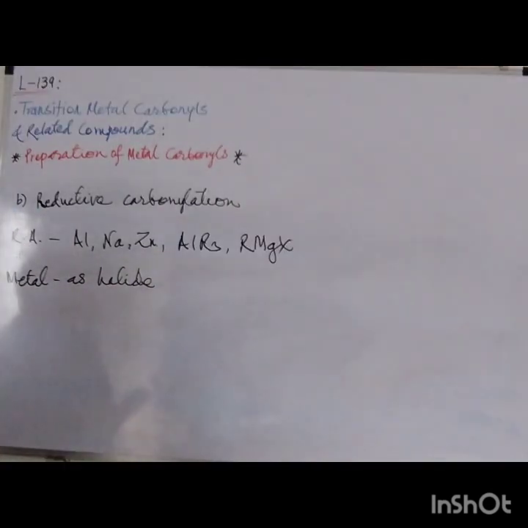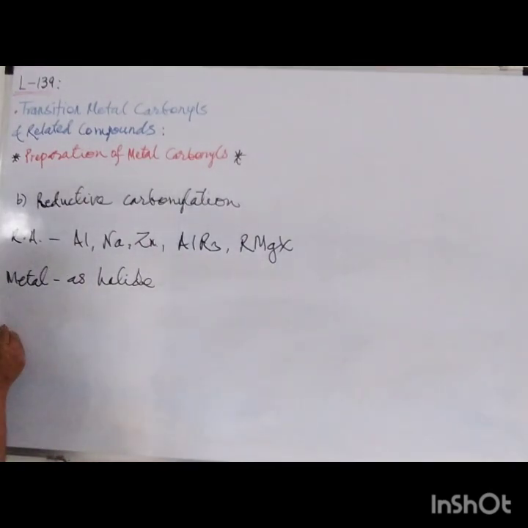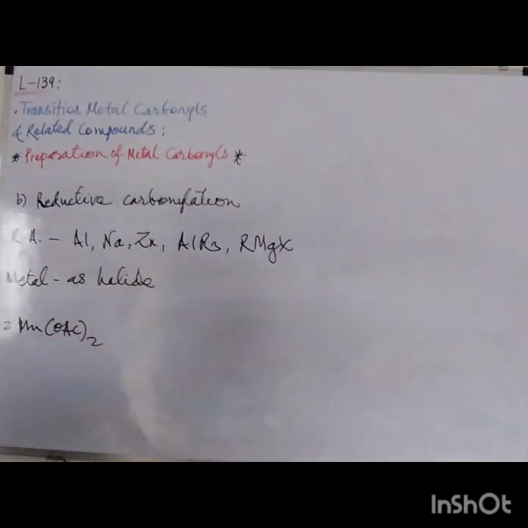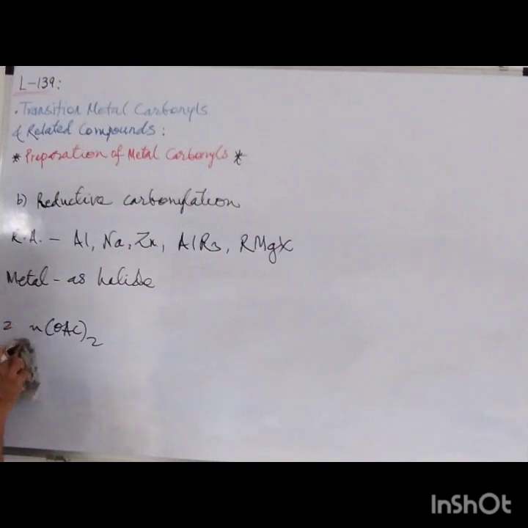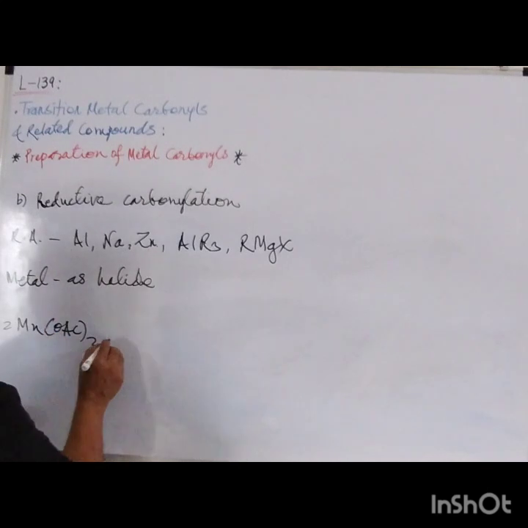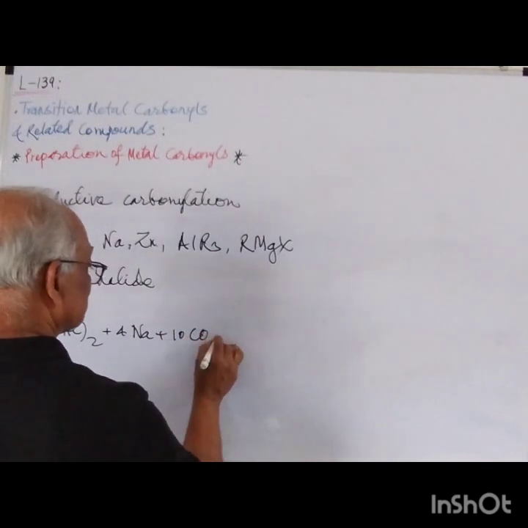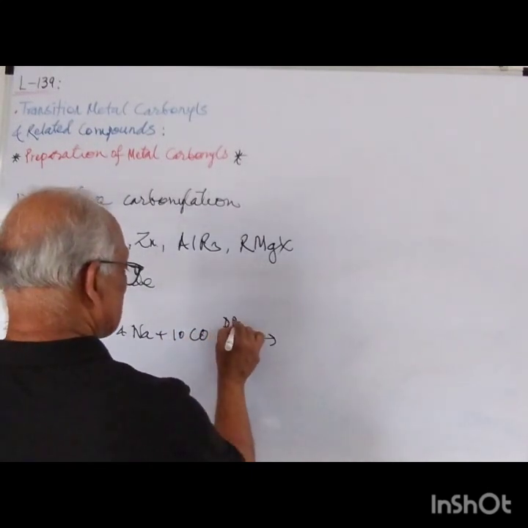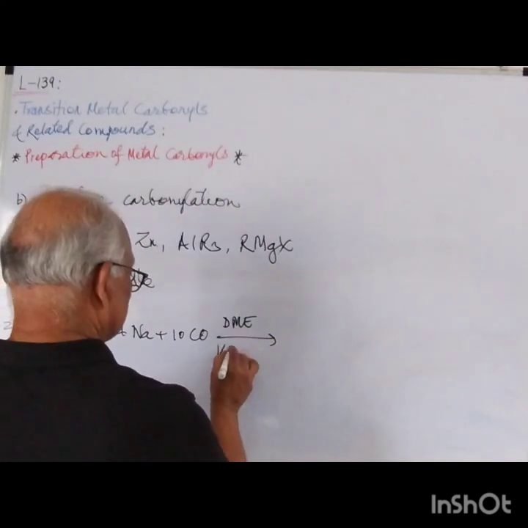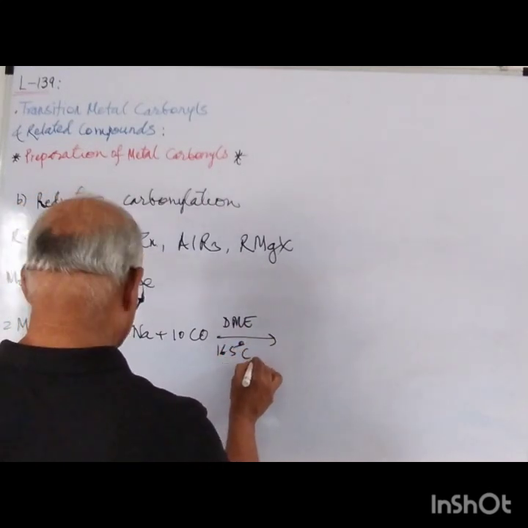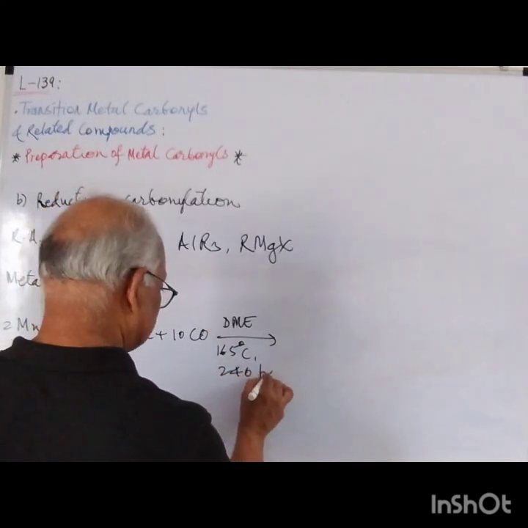Now we will see another example. Twice MnOAc2 plus 4 Na plus 10 CO, under the conditions of solvent DME and 165 degrees centigrade temperature, 240 bar pressure.